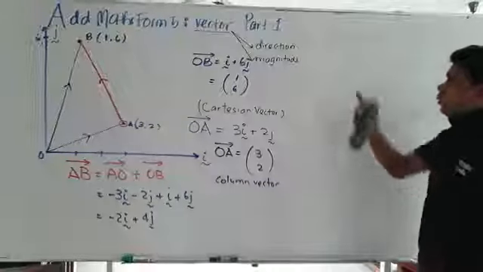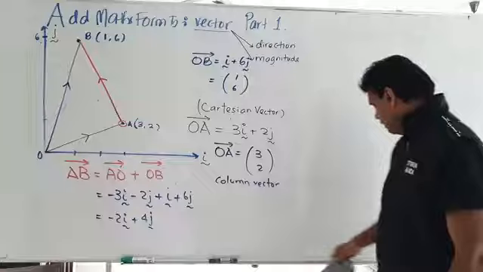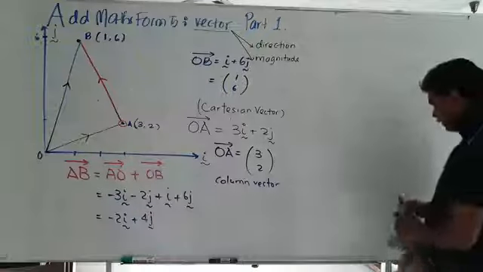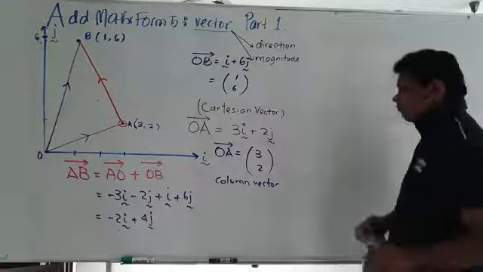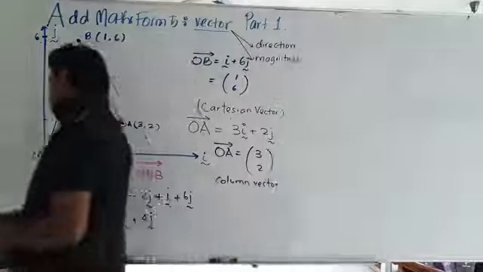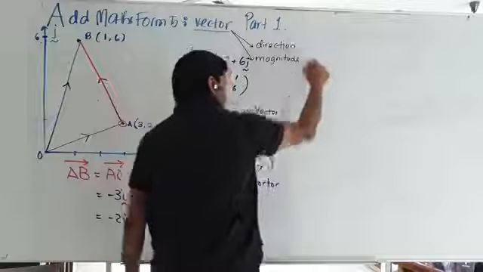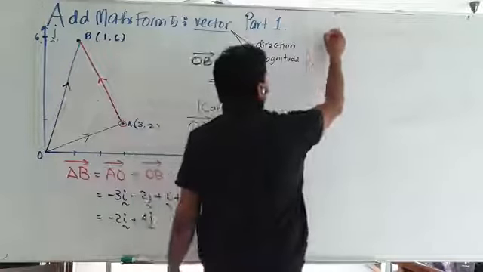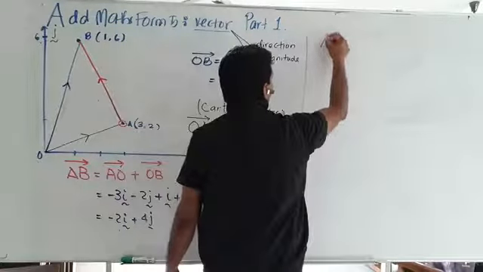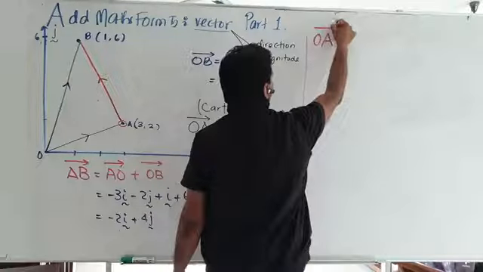Now, once I have found OB, OA, and AB, what you probably need to do next is to find the magnitude. So the next step is, I want to find the magnitude of OA. This is vector OA.